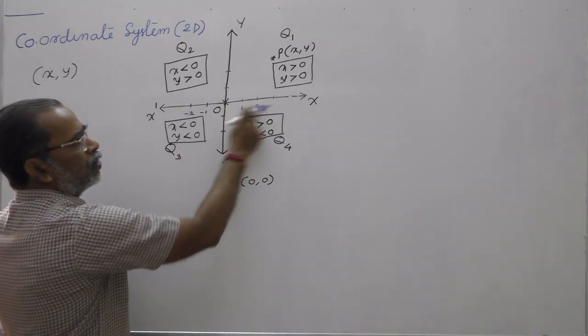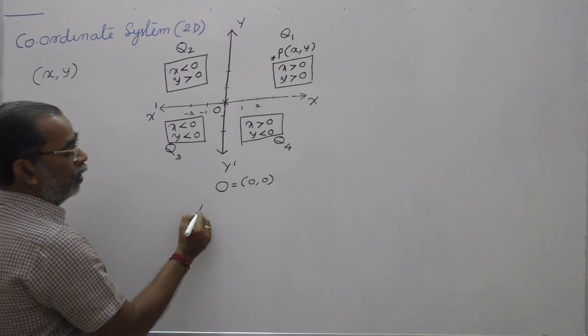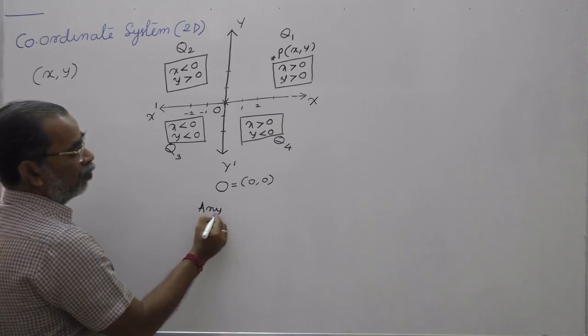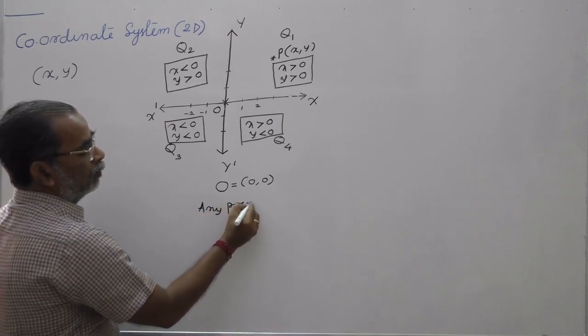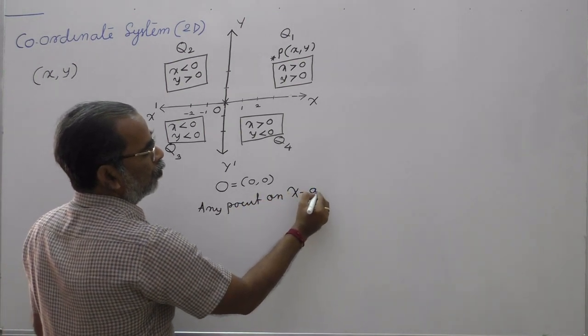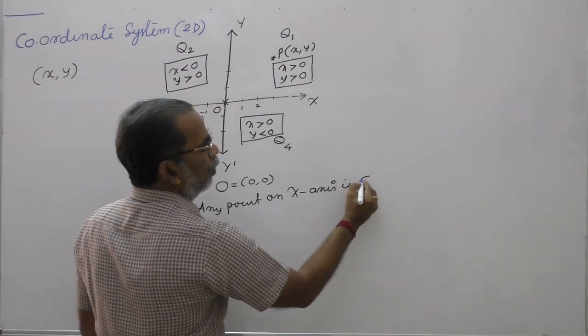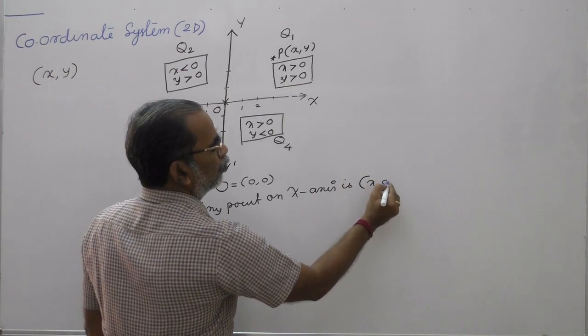If a point is on the x-axis, then its y coordinate will be 0. Therefore, any point on the x-axis is of the form x, comma 0.